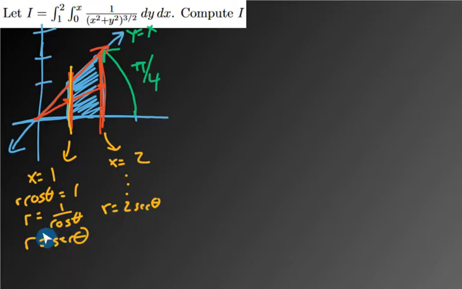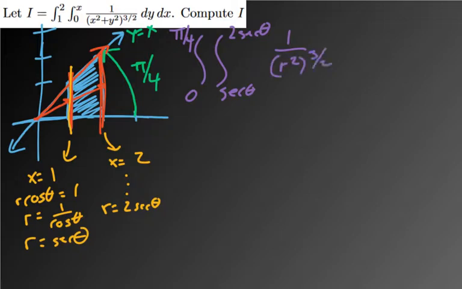So I'm going to go from the x equals 1 vertical line to the x equals 2 vertical line. And that should give me everything I need to convert this to a polar setup. So 0 to pi over 4, secant theta to 2 secant theta. And then I have 1 over x squared plus y squared, which is r squared, and I have a 3/2 in there.